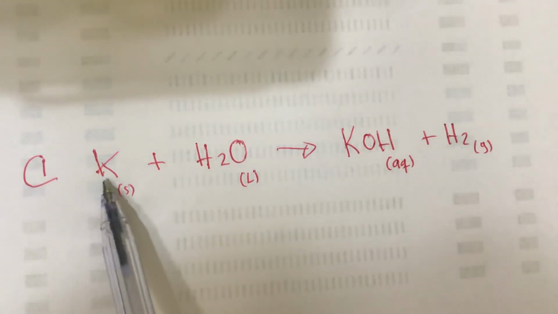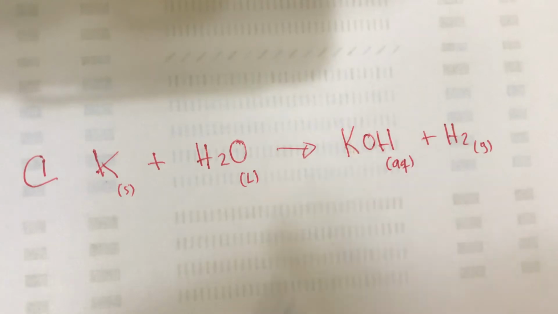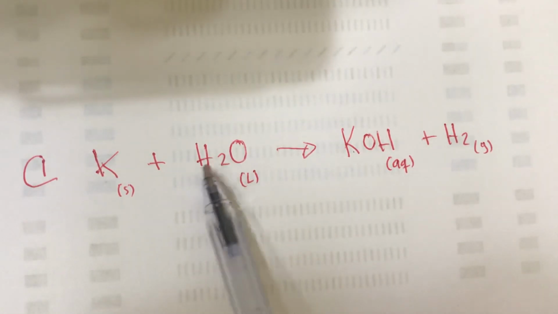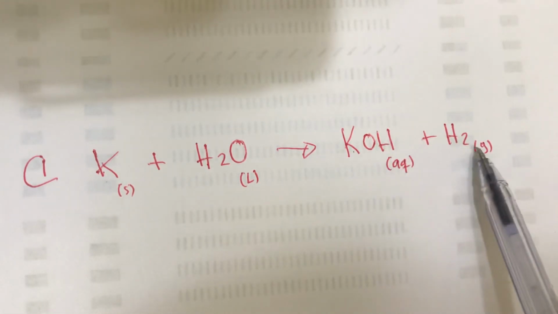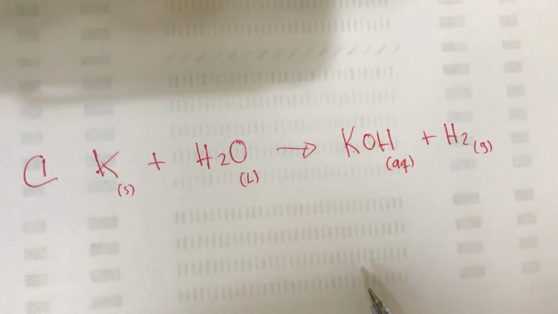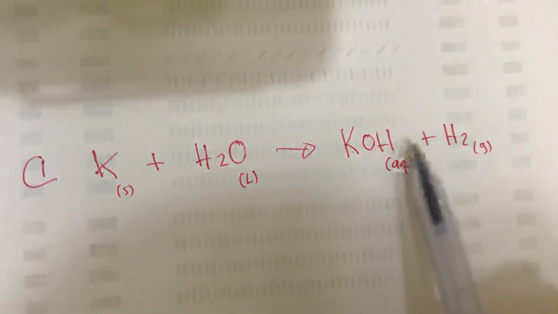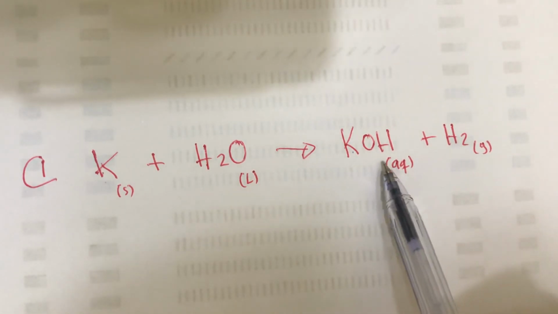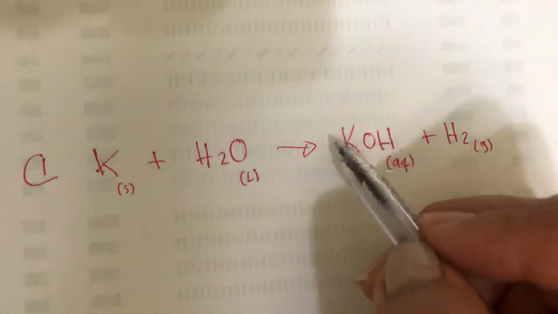Here in the reactants you have 1 potassium atom and here 1 potassium atom. Now for hydrogen, here you have 2 hydrogen atoms and here in the product you have 1 and you have here 2. So the total is 3. So now if you have an odd number, here 2 and here in this compound 1, if you have an odd number, multiply by 2 to get an even number.